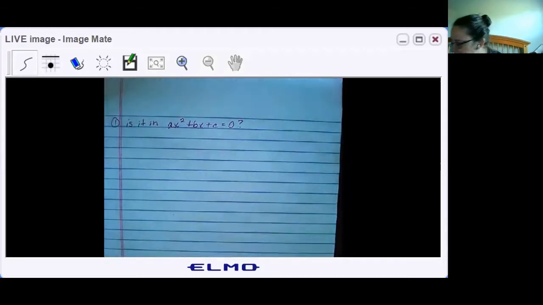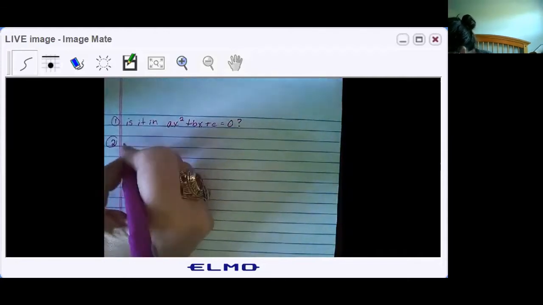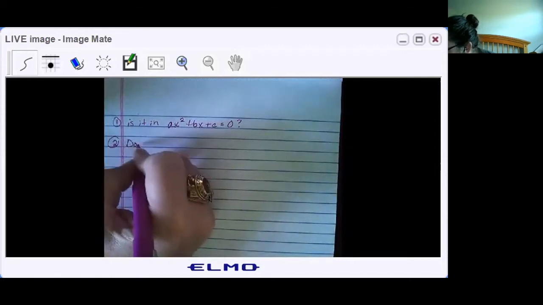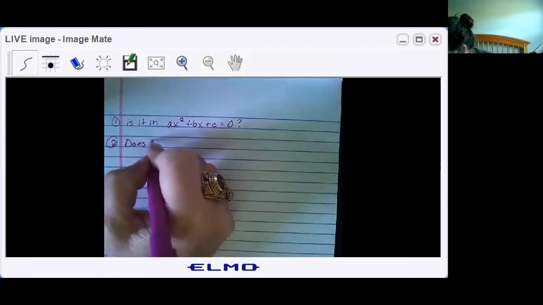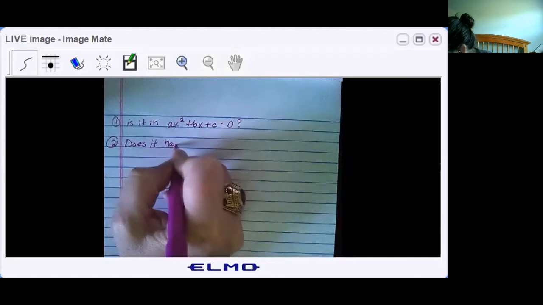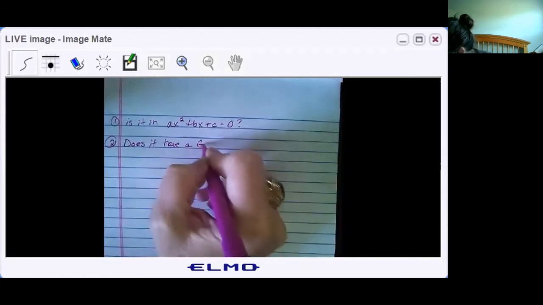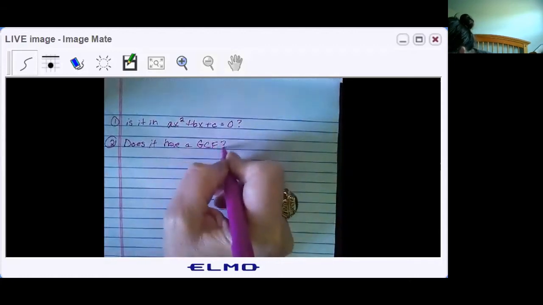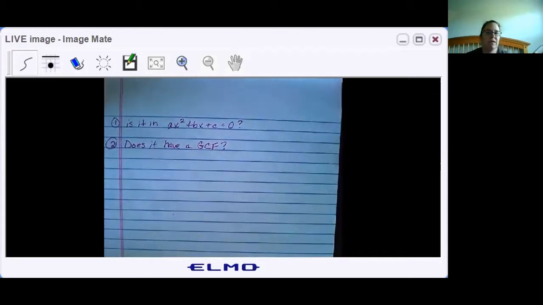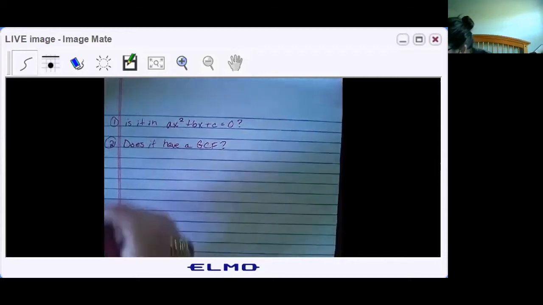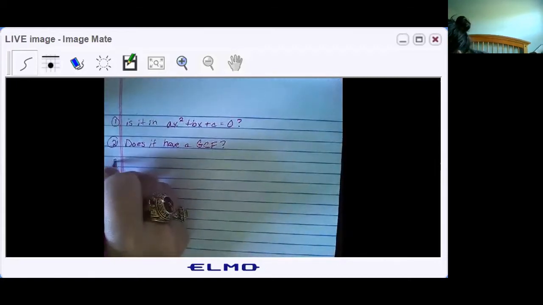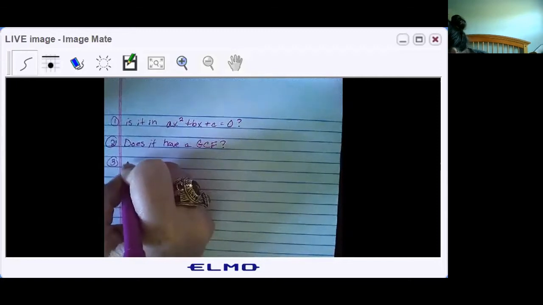The next thing we're going to look at is, does it have a GCF? Most of the time, it doesn't when they're started out like this. The ones we're going to work with today probably don't, because I'm going to start out with a very straightforward example.